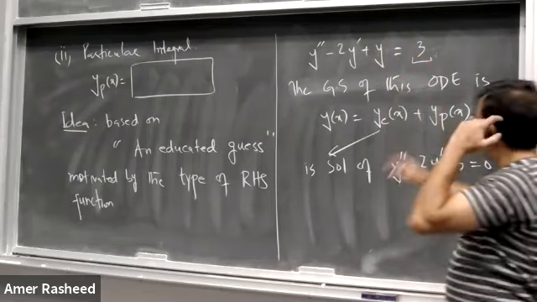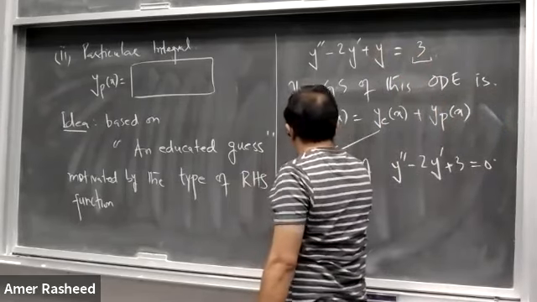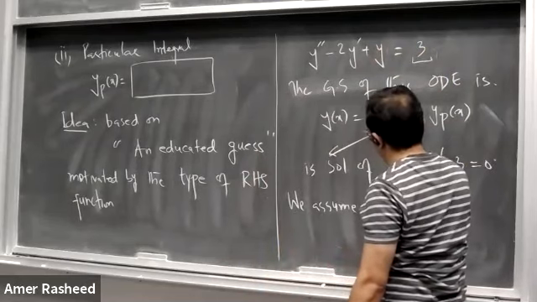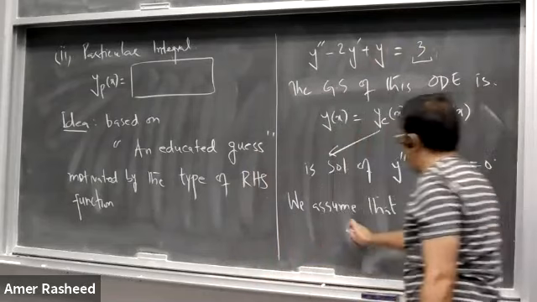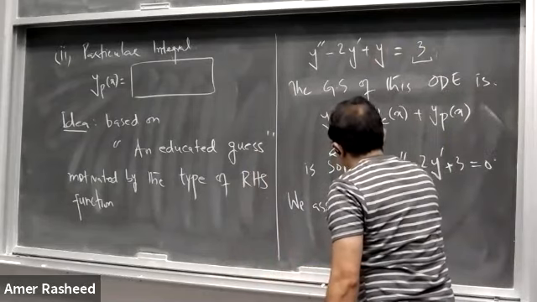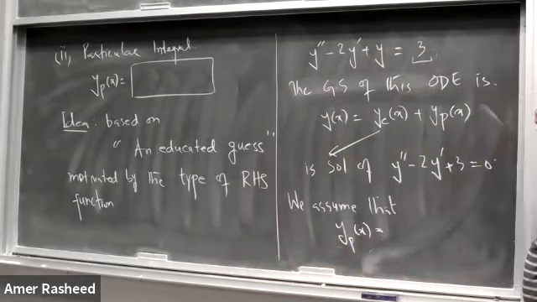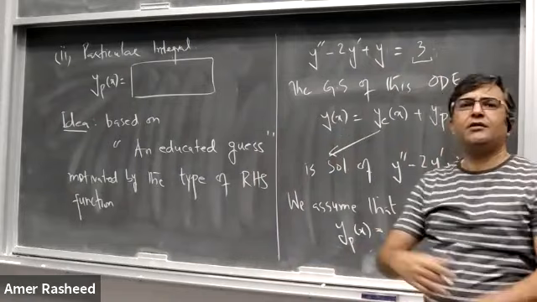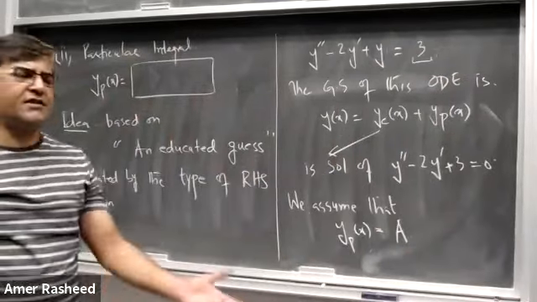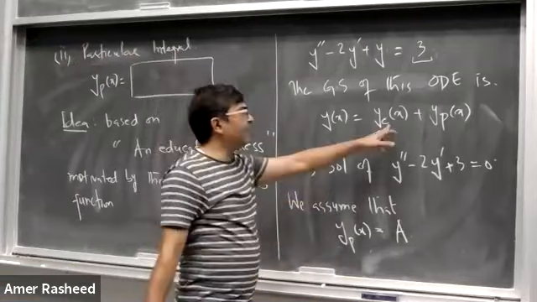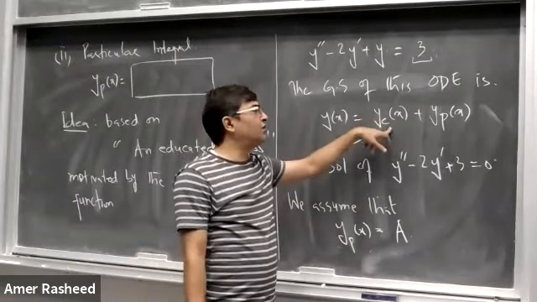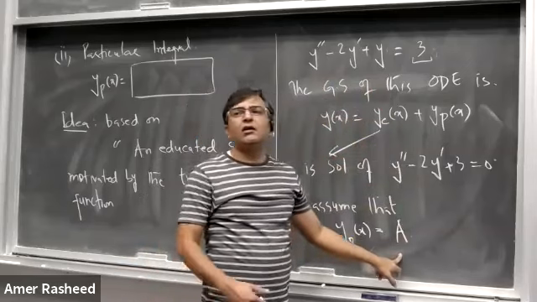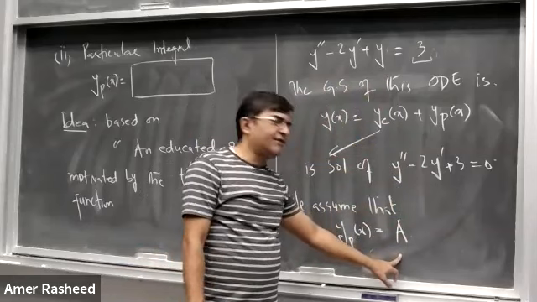Now, for the particular integral, we assume that yp is what? Because the right-hand side function is a constant, we assume that yp is some constant. You can write a constant a or c or whatever. We usually write constant c's for the complementary function, so we don't want to repeat those constants here in the particular integral, so we can write some other constant.